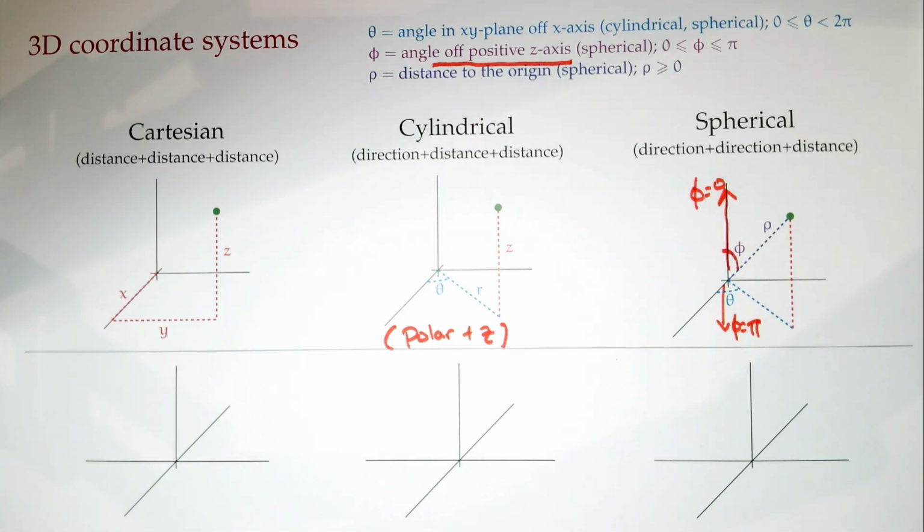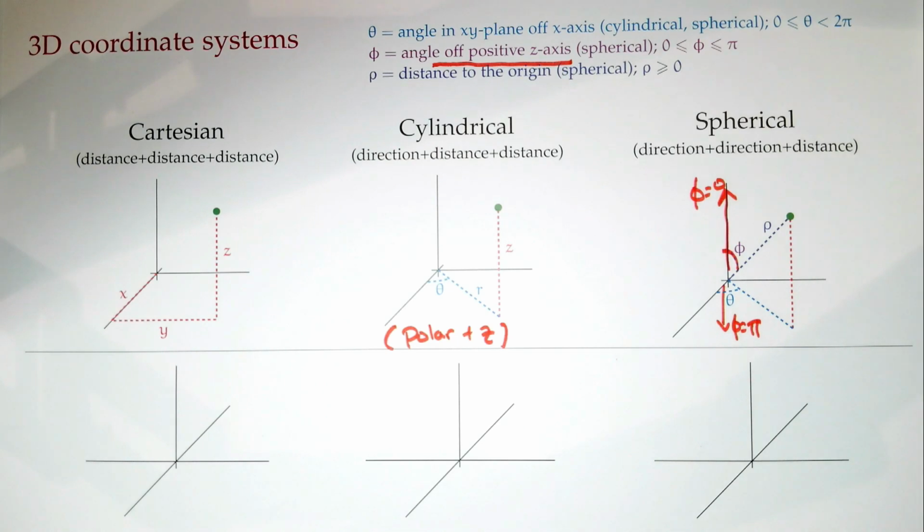Now, suppose I were in the xy plane. What would phi be? Now you're probably thinking, well, Phoebe is a character from Friends. No. So what angle would I be with the z-axis? What angle do I form? Pi over 2. You form a 90-degree angle.